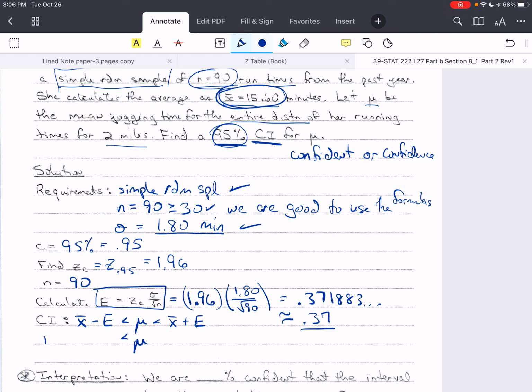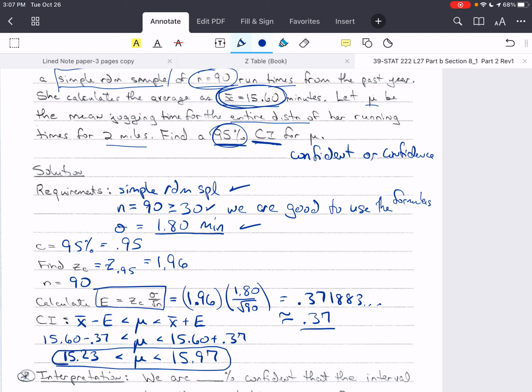X bar is 15.60 minus E, which is 0.37, and x bar 15.60 plus 0.37. So 15.6 minus 0.37 is 15.23 minutes. And the upper number is going to be 15.97 minutes. So our confidence interval is here.